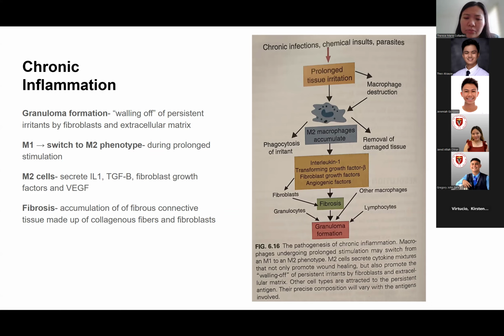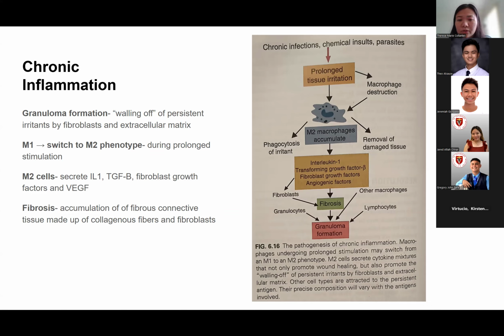Even if it is just a larva, it can be a very large foreign antigen that will take some time for the body to eject, or sometimes it's not able to do that. Another example would be the mycobacterium, your tuberculosis.